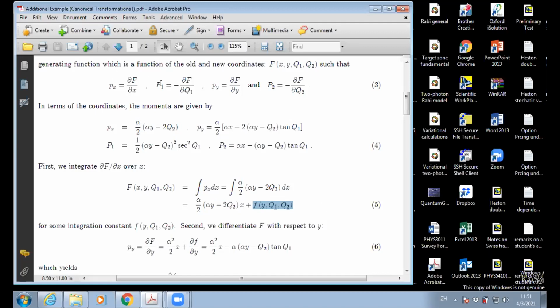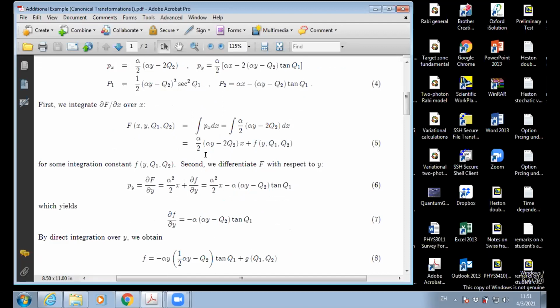Then we go back to equation 3. We know that we can differentiate this generating function with respect to y to give the py. So we differentiate this generating function with respect to y. The first term gives you alpha squared over 2 times x. The second term will give you ∂f/∂y.